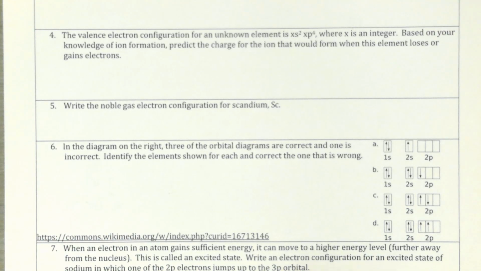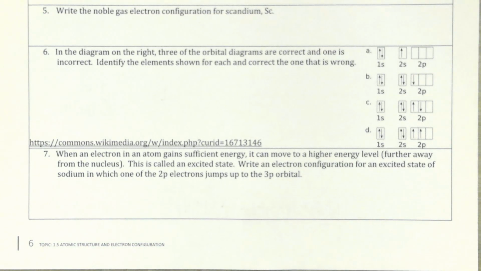Okay? And then for the last one, number 7, when an electron in an atom gains sufficient energy, it can move to a higher energy level, which is further away from the nucleus. This is called the excited state. Write an electron configuration for an excited state of sodium in which one of the 2p electrons jumps to the 3p orbital.